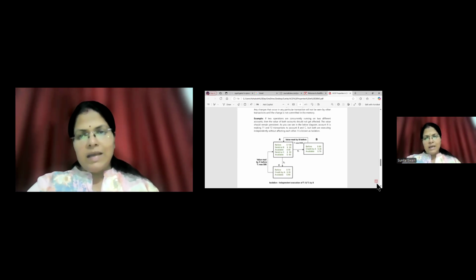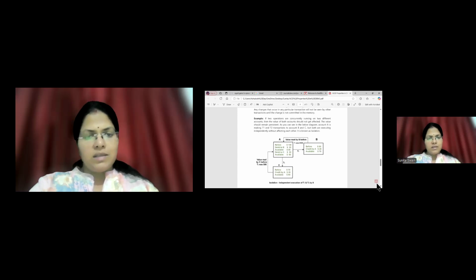Debit to C means another transaction is going on and the available balance should be 60. Accordingly, this transaction T1 is performing to account B and the transaction named T2 is performing in account C.